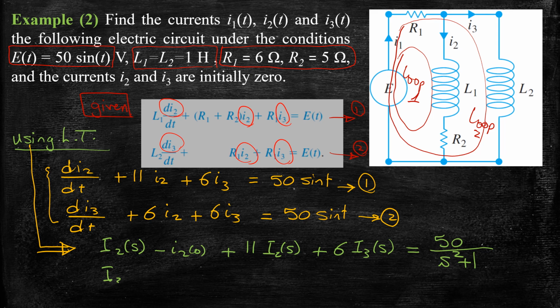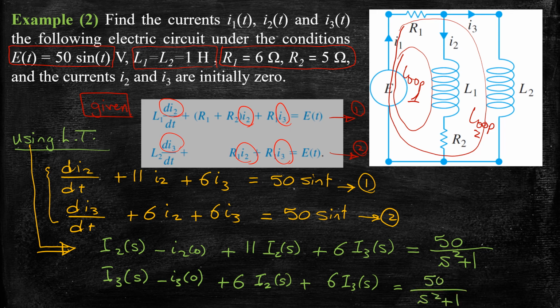The last equation will be s I3 of s minus I3 of 0 plus 6 I2 of s plus 6 I3 of s equal again to 50 over s squared plus 1. We are already given zero initial conditions for these inductor currents, which means I2 of 0 and I3 of 0 are both equal to 0. So these terms are zeros.